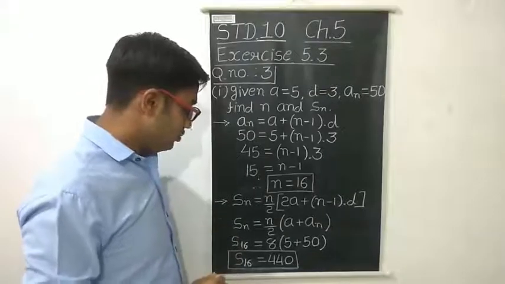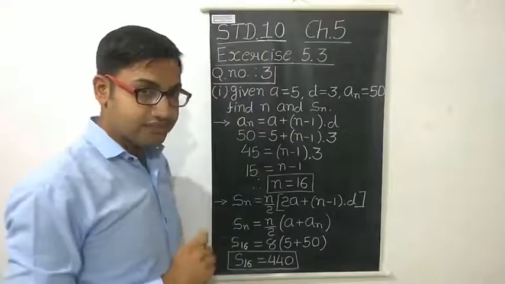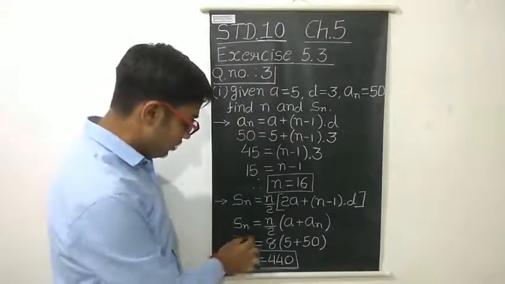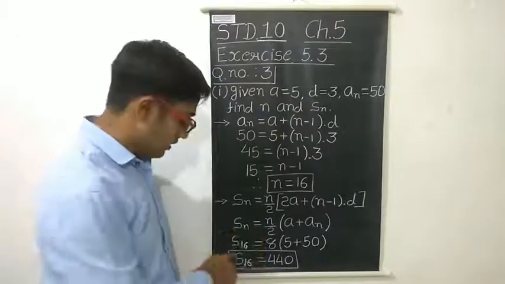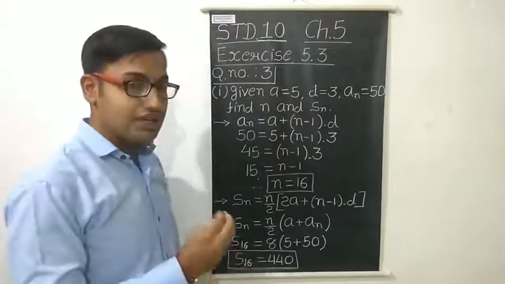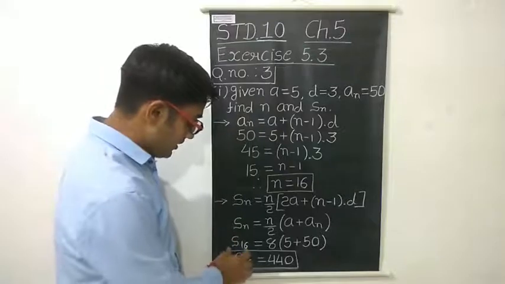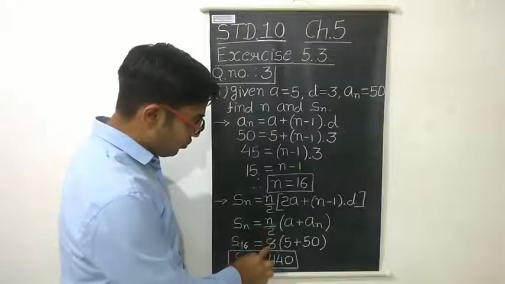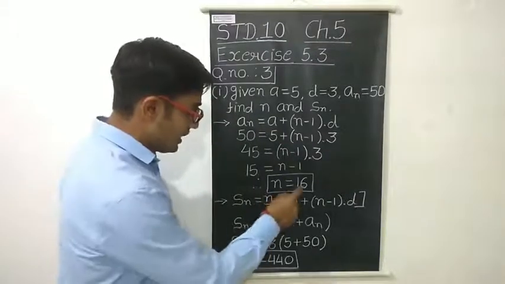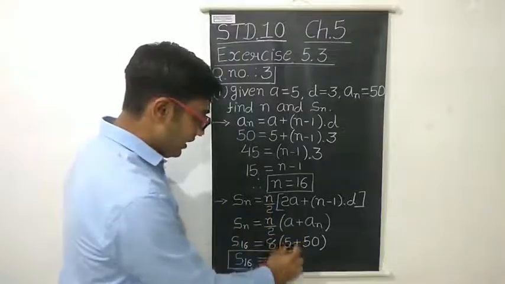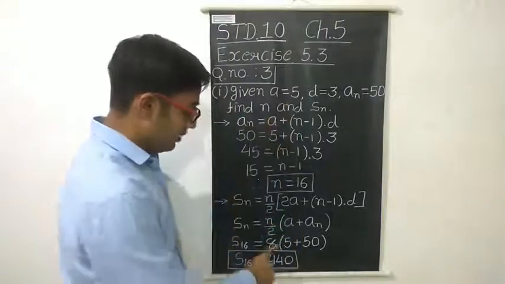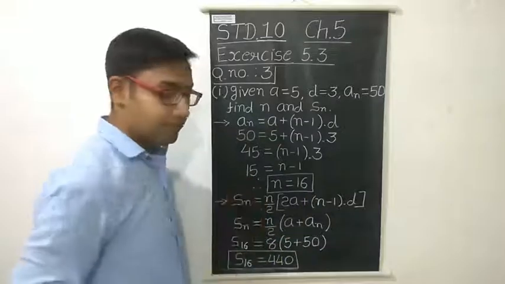So we can use n is equal to 16. In place of n we use 16, because we have to find out the sum of the 16 terms. So S16 is equal to n by 2, that is equal to 8, because n is 16, and a is 5, that we have given, and an is 50, right?